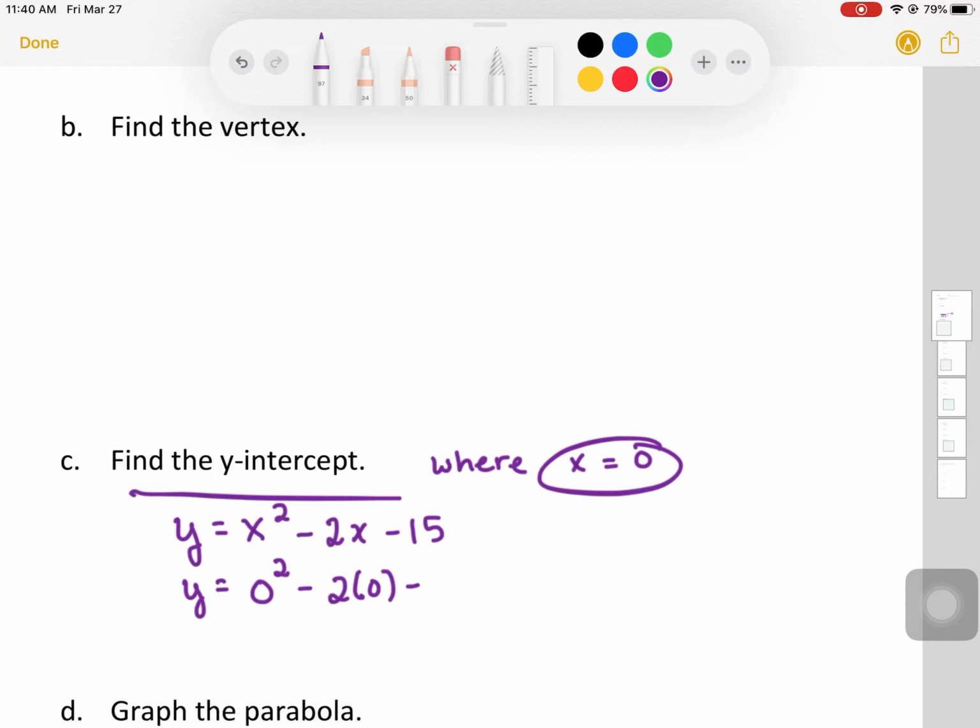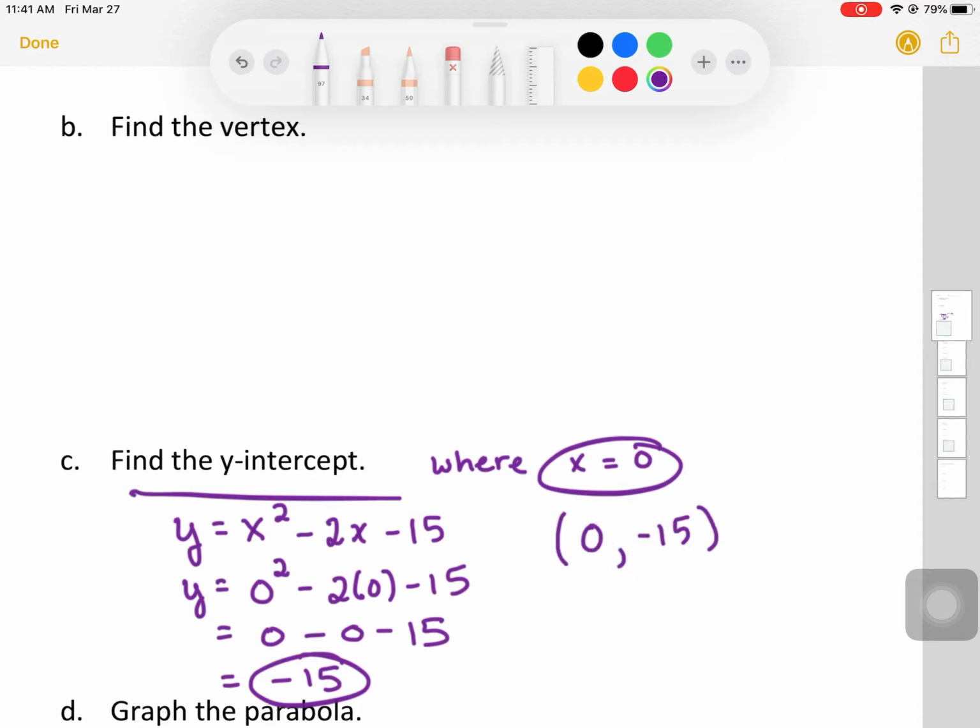So I'm going to do that. I'm going to put 0 in place of x, and I'm going to get 0 minus 15. And I'm going to note that my y-intercept is at (0, -15). That's one of those key points.